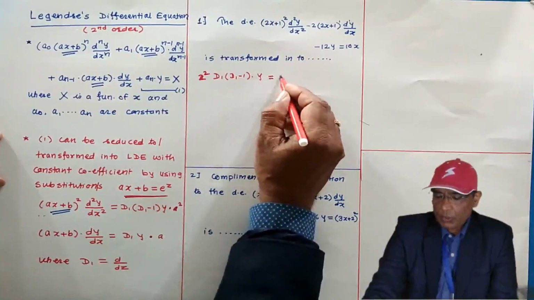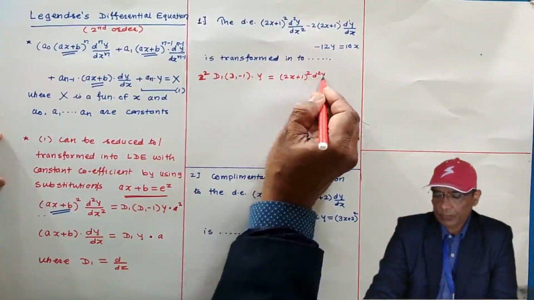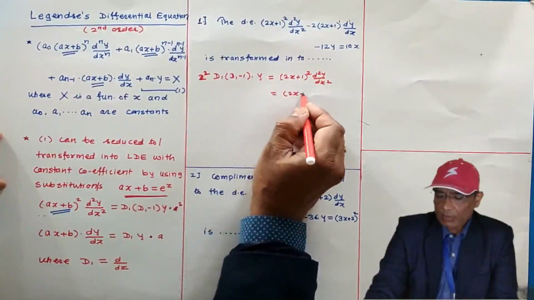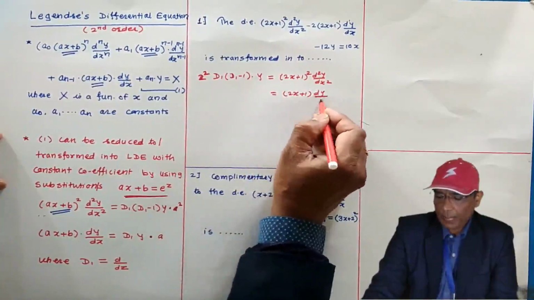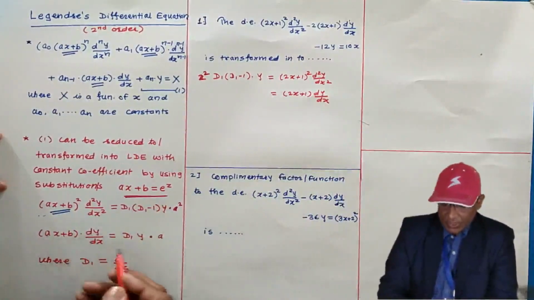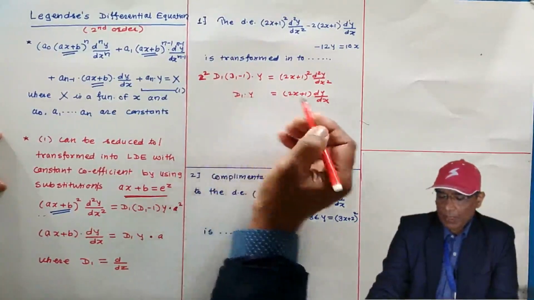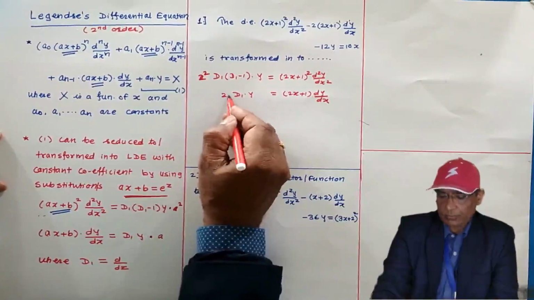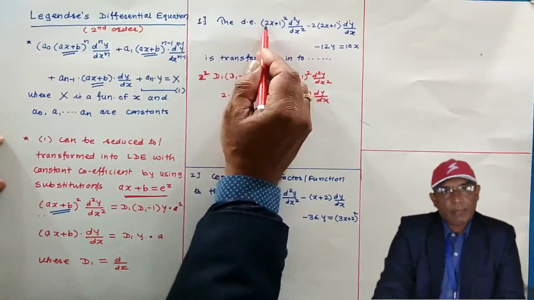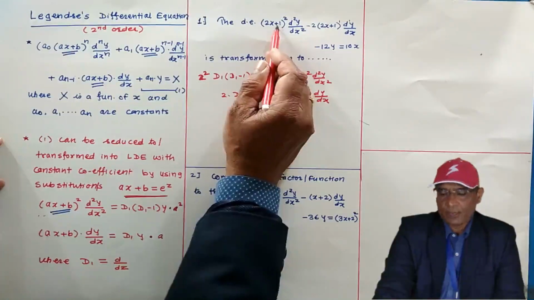This is replaced by 2x plus 1 whole square d2y by dx square. And 2x plus 1 dy by dx is replaced by d1 y simply multiplied by a, which is 2. Coefficient of x is a, may be any value in the examination. Okay, this one will not make any difference here.